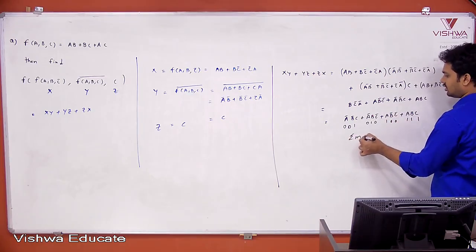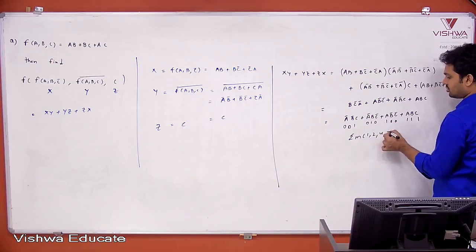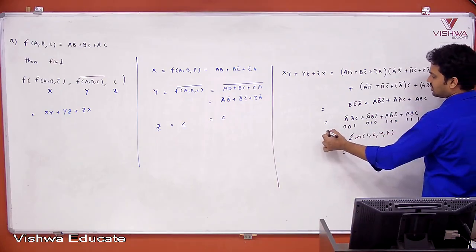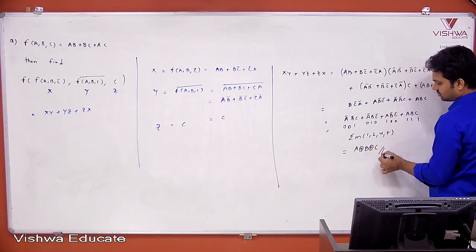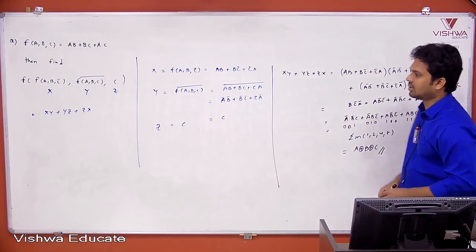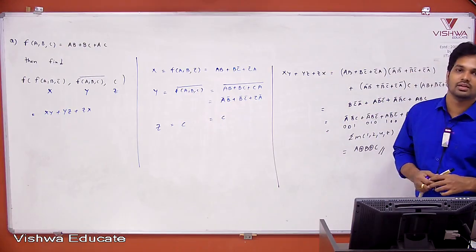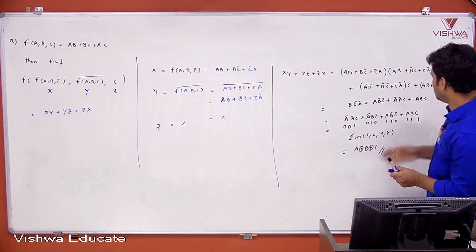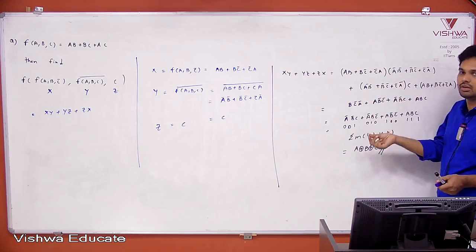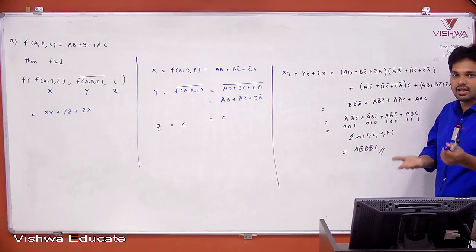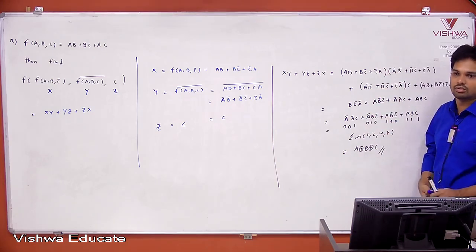Sum of the min terms 1, 2, 4, 7, which is nothing but what we have just discussed, A XOR B XOR C. So what is the answer? It is equal to A XOR B XOR C. Here it may look complex, but it is very easy. Whenever you have a variable and its complement multiplied, you can happily neglect it, because x into x bar is always 0. Copy it.